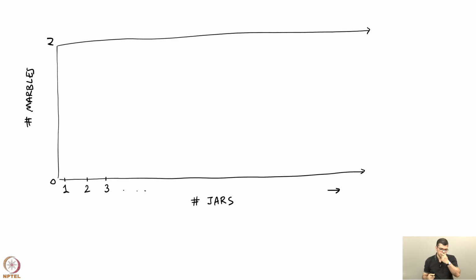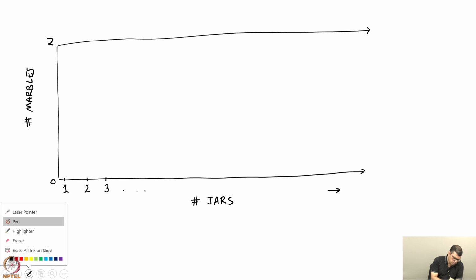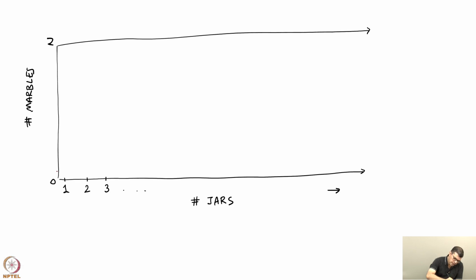The representation that we are going to use is going to be the following. What is the number of red colored marbles we had? That was just 1. So 0 to 1 is red, because there was one red colored marble in the jar.